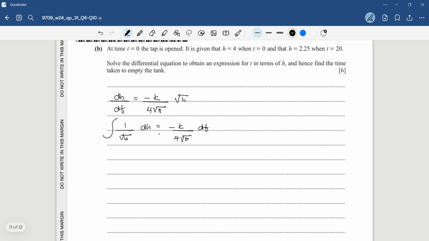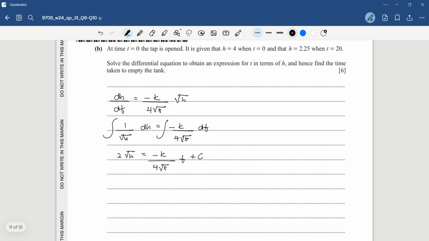So we integrate. So this will be 2√h equivalent to negative k over 4√π t plus c.